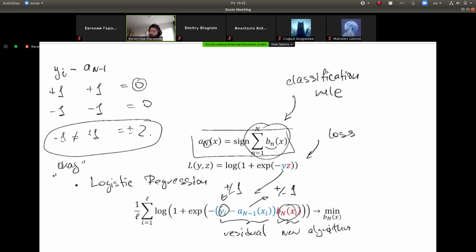But here we have a 0, and the problem is a bit different with the loss. You can see that between these two brackets we have multiplication. So when for an object the ensemble is correct, it will be 0 multiplied by our new algorithm that we learn, and so the whole thing will equal 0, and we just will not count this point.